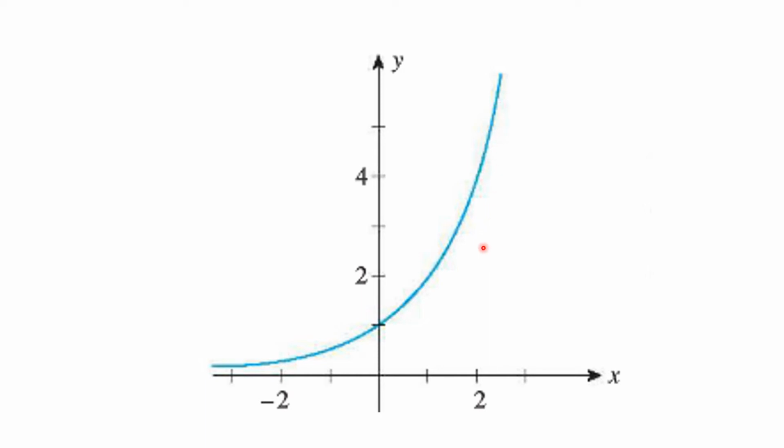So I can make a qualitative conclusion here that the derivative of an exponential function y equal b to the x, where b is bigger than 1, is going to grow very fast, and it's going to get bigger and bigger as x gets bigger and bigger.